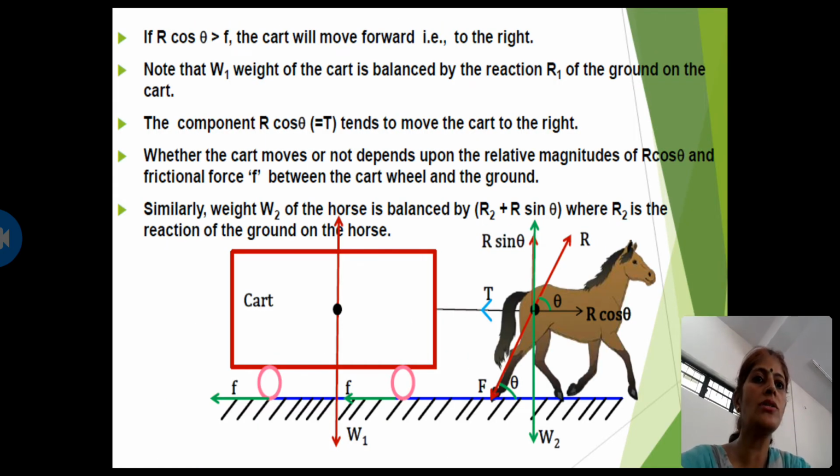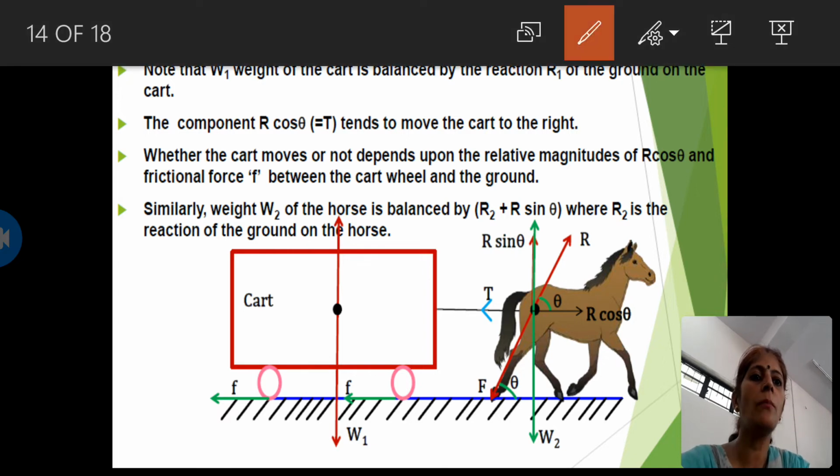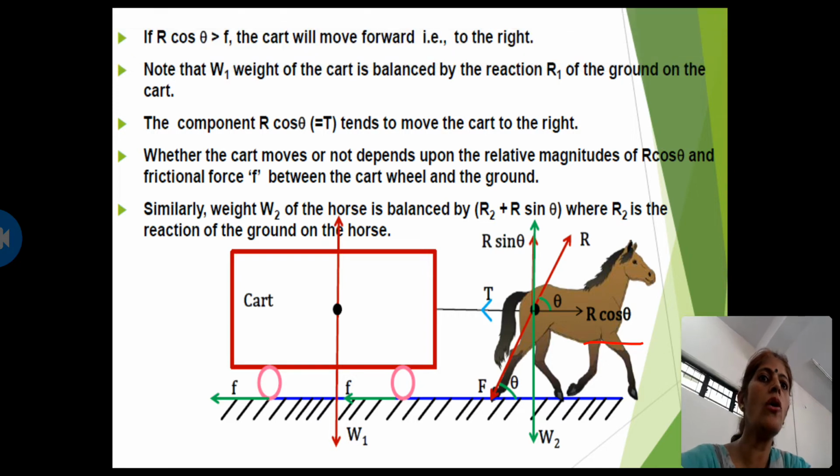If R cos theta, that is this component which is in the forward direction, is greater than small f, this is the force of friction acting between the wheels of the cart or horse and the ground, then the cart will move forward, that is to the right.